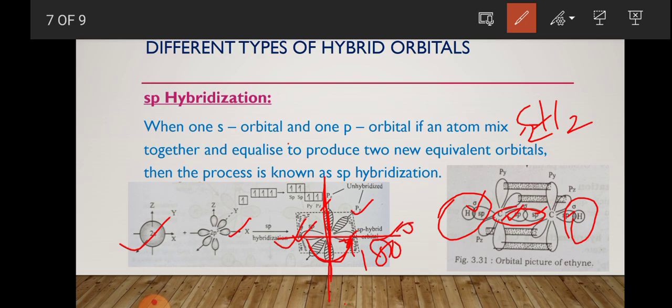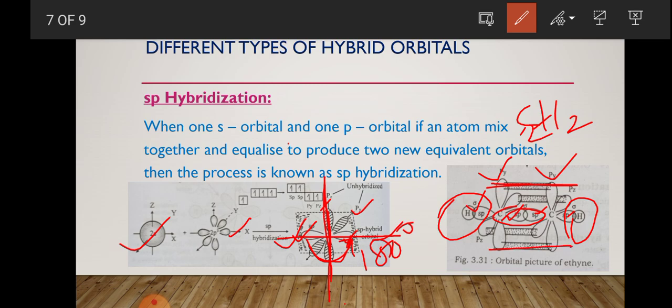Now the unhybridized 2p orbital of each carbon overlaps laterally, or side to side, or sidewise, and forms a pi bond. Look here, the 2p orbital of this carbon and the 2p orbital of another carbon overlap side to side and form a pi bond.